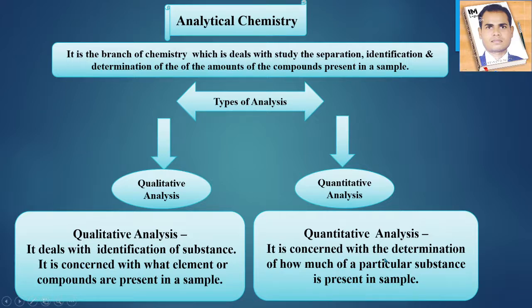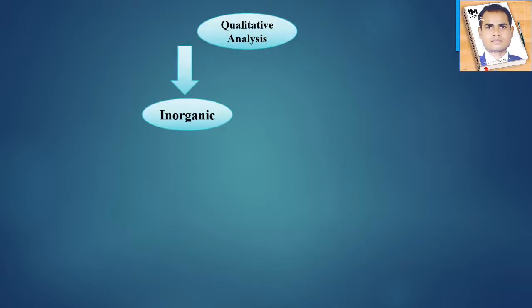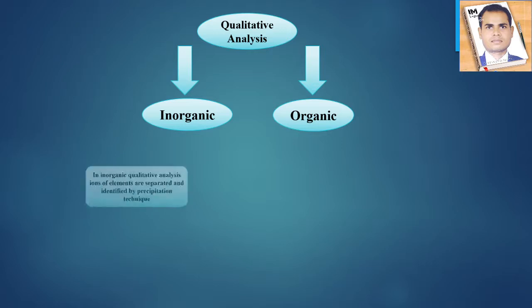It is concerned with the determination of how much of the particular substance is present in the sample. The next is qualitative analysis, which is again divided into two types. The first is inorganic qualitative analysis, and the second is organic qualitative analysis.